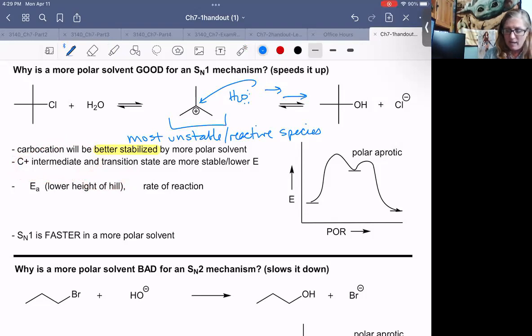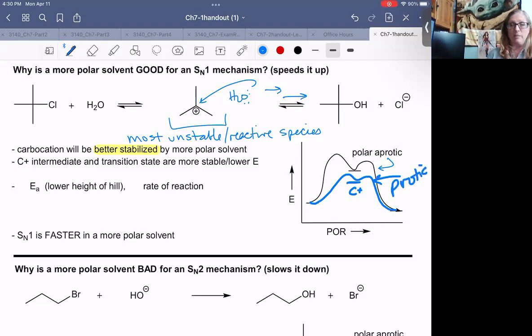So if we compare a polar aprotic reaction path that we're showing here for our SN1 mechanism, when we put in a protic solvent, our carbocation is going to be better stabilized, better solvated. This is our solvated carbocation, and so the path for the substitution is going to be this one. The blue path is now what it would look like if I used a protic solvent instead.